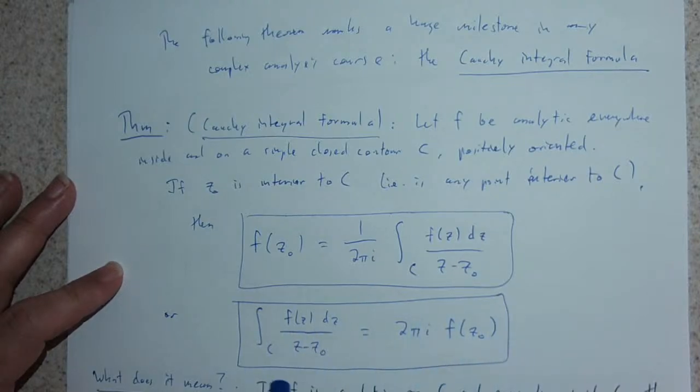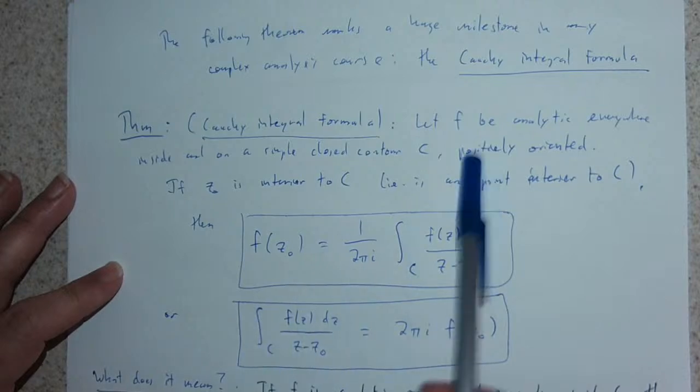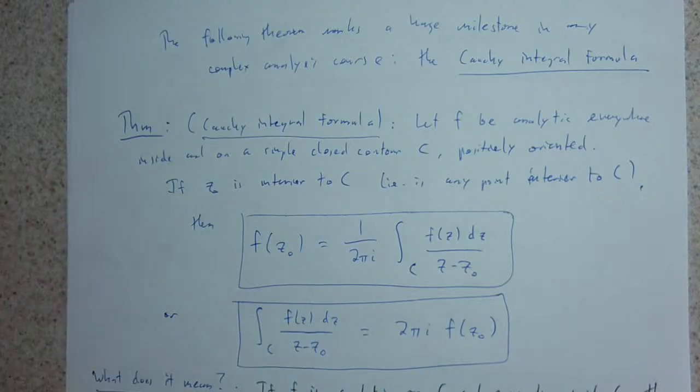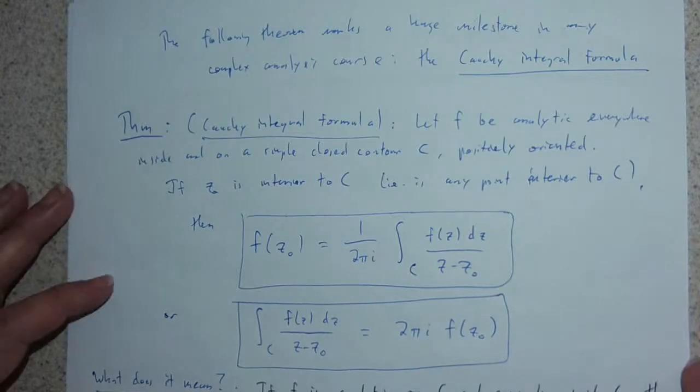So if I can write a contour integral in this form for such an analytic function, then I can use the Cauchy integral formula to compute it really quickly, without having to do any of those integration techniques I was doing before. So this is really nice.